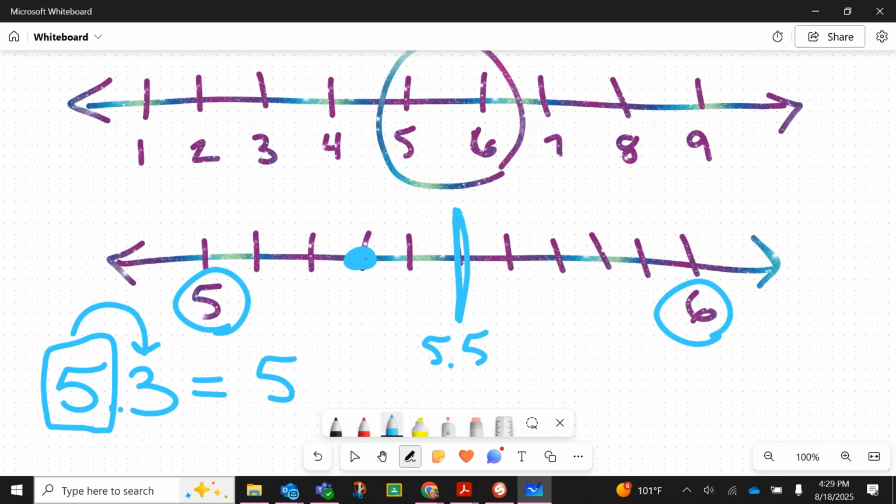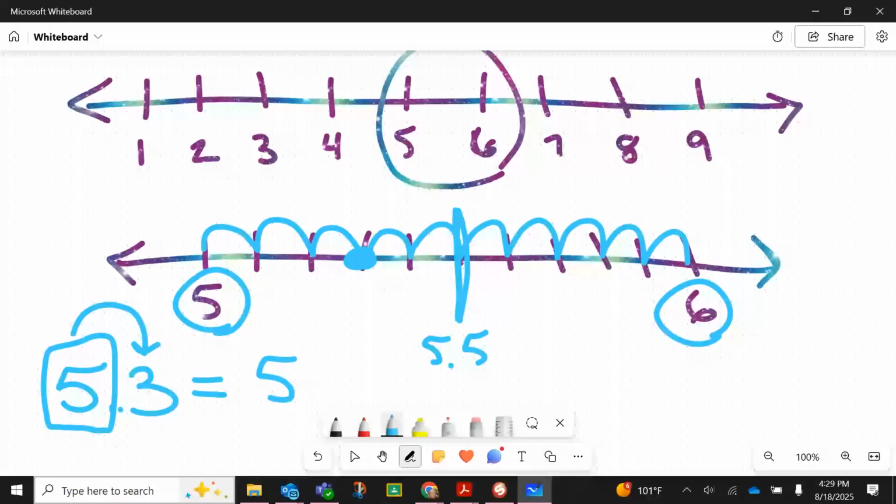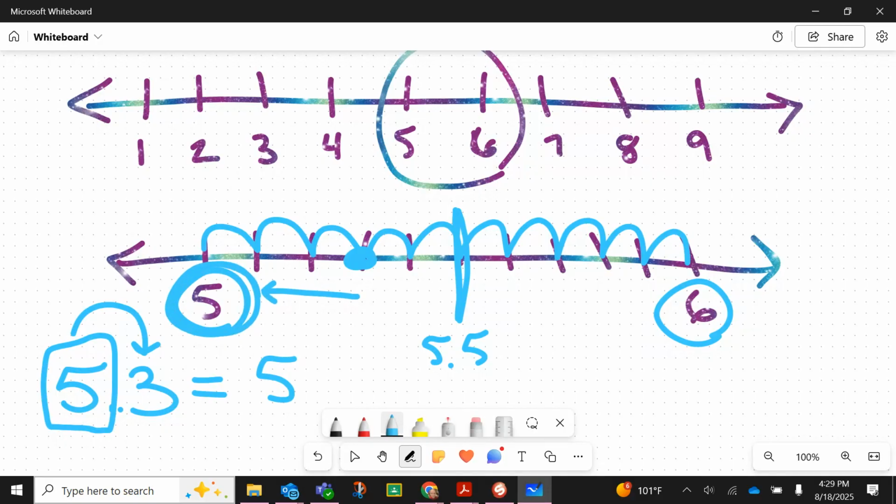If I'm trying to be to the nearest whole number, this is only 3 jumps away. The 6 is 1, 2, 3, 4, 5, 6, 7 jumps away. So the nearest is my 5. So you could visualize it on a number line, thinking about what it's closest to, and use that poem again.